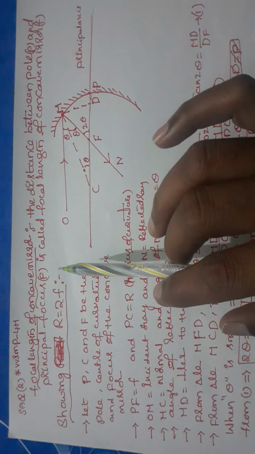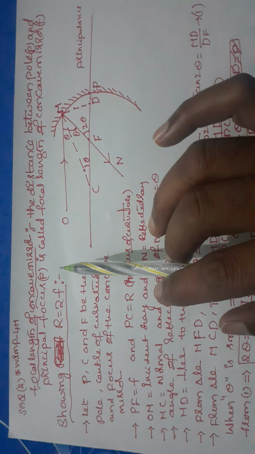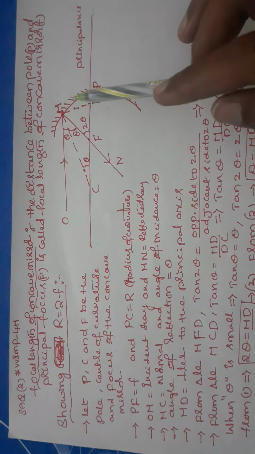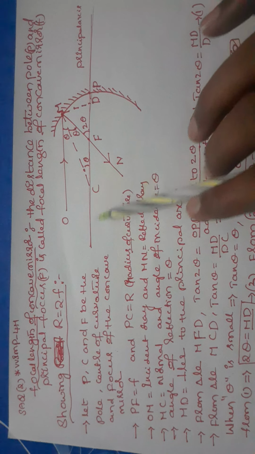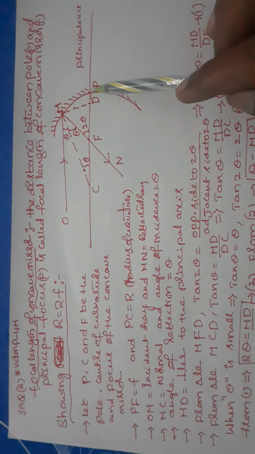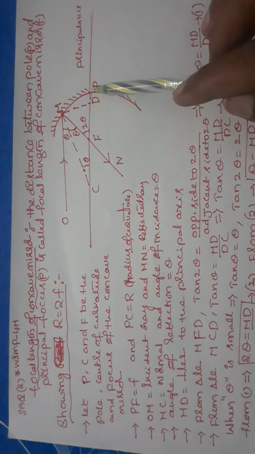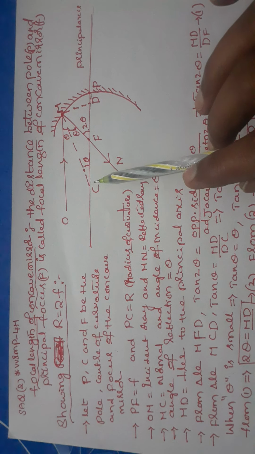Principal focus can also be called focal point or focus. You can see them in the figure. It is a concave mirror, and this line is the principal axis, and the midpoint of the mirror is called the pole. This is denoted by P, and this is a capital F, which is called focus or principal focus or focal point. Distance from P to F is called focal length, and distance from P to C is called radius.